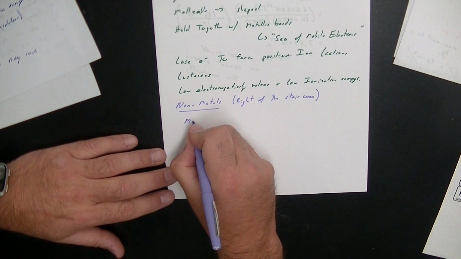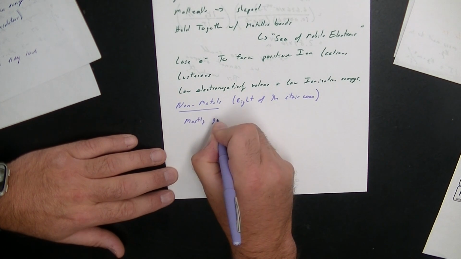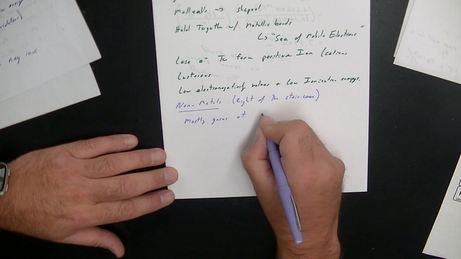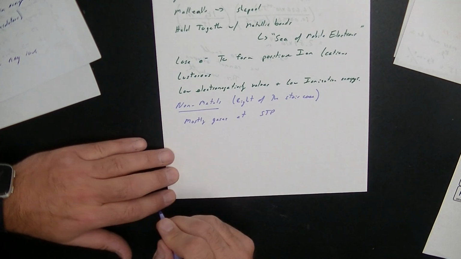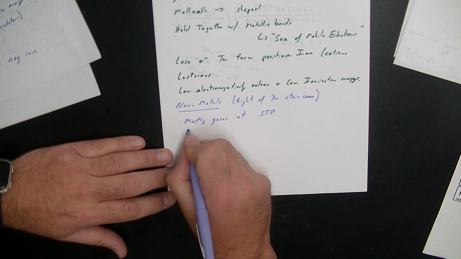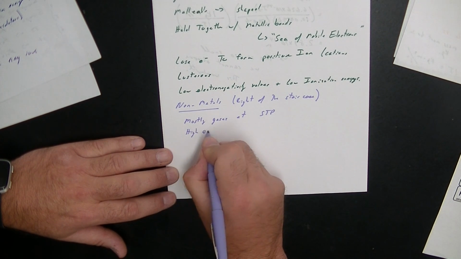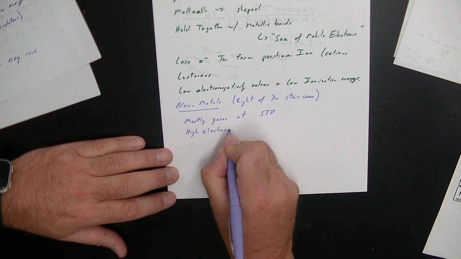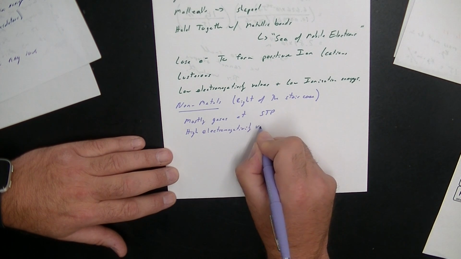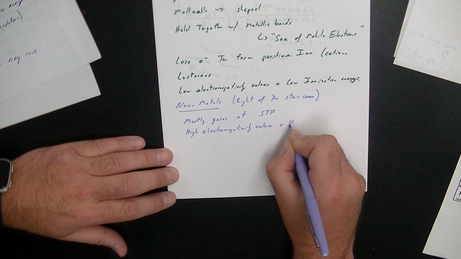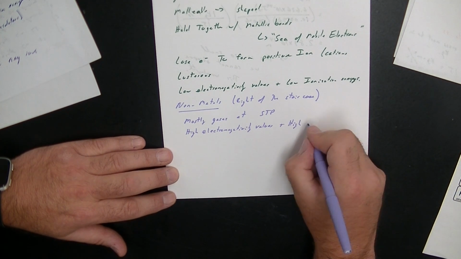These are mostly gases at STP. And remember, STP stands for standard temperature and pressure. These have high electronegativity values and high ionization energies.